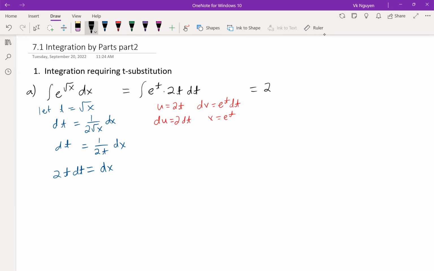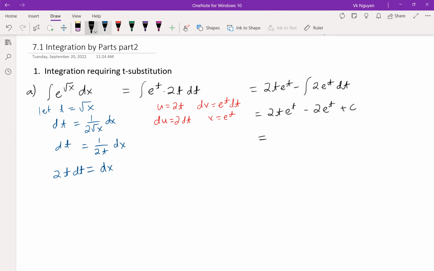So uv is 2t e^t, minus the integral of v du, 2 e^t dt. That gives 2t e^t minus 2 e^t plus c.